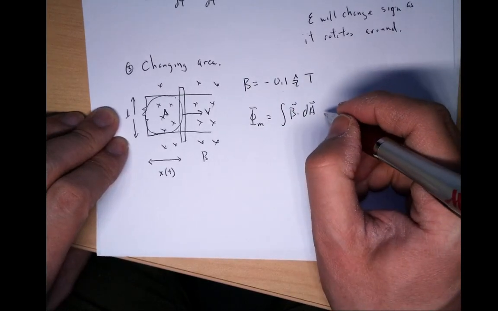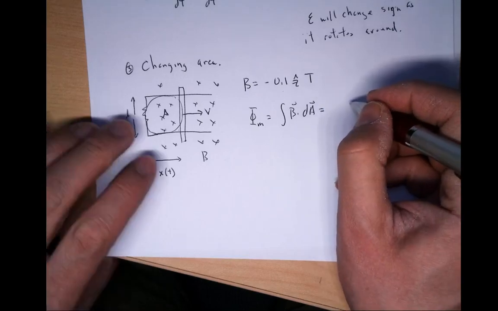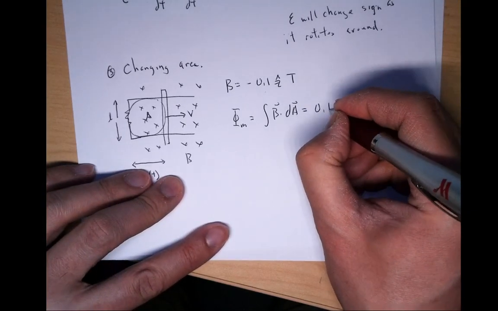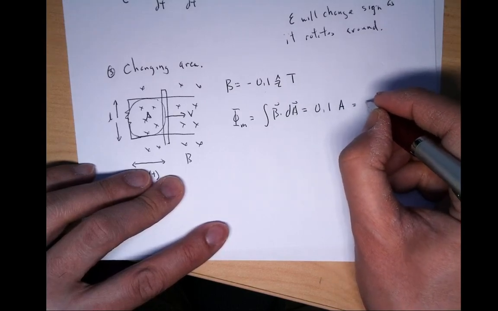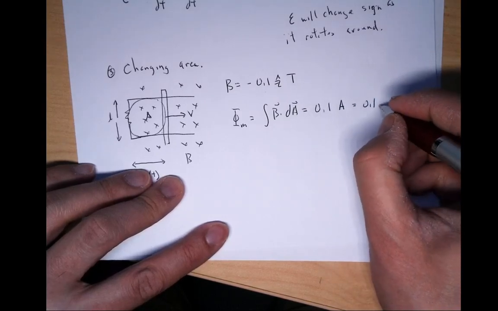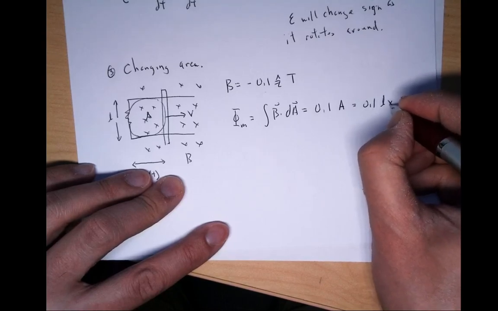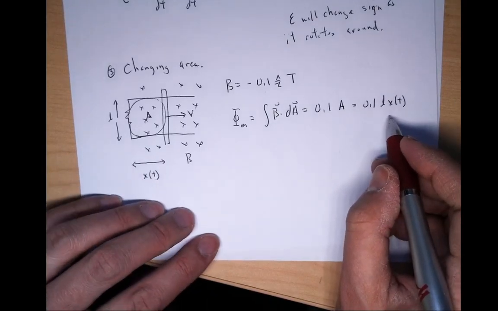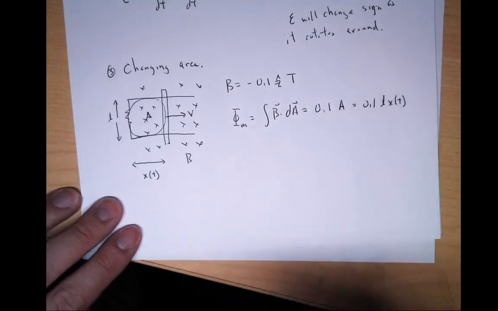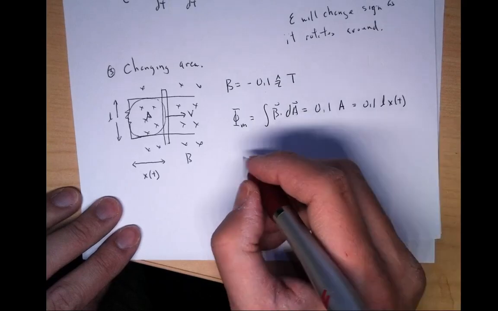This is going to be equal to 0.1 times the area, which is 0.1 times the length times the width, x of t. I haven't told you what the 0 point is, because that's not really relevant. I'll show you what this turns out to be.